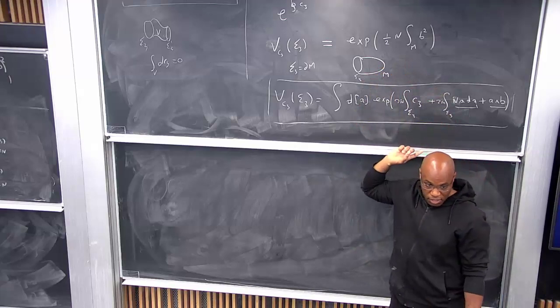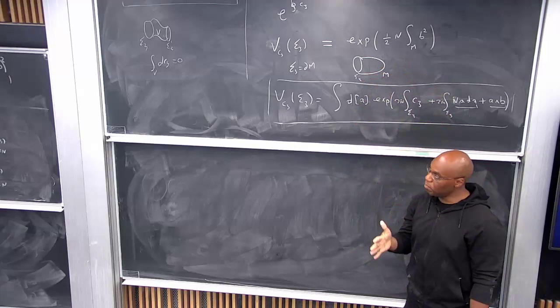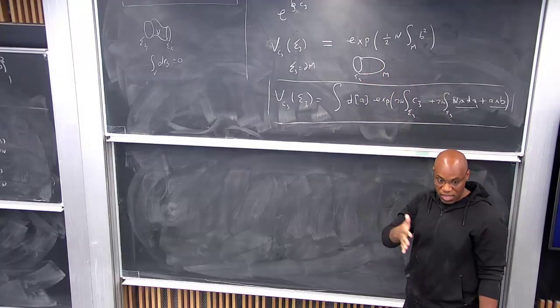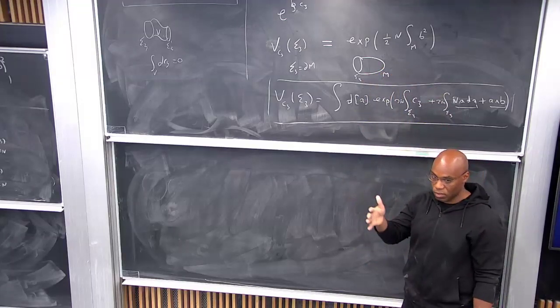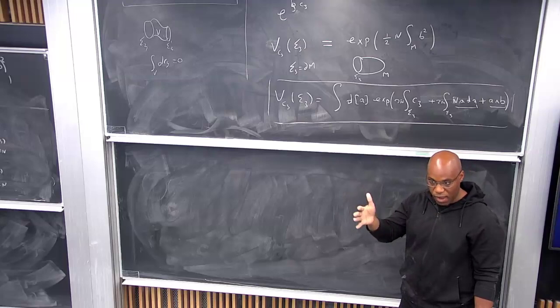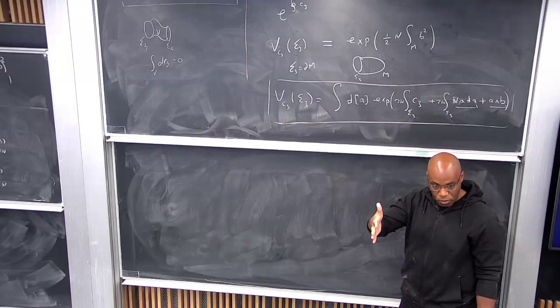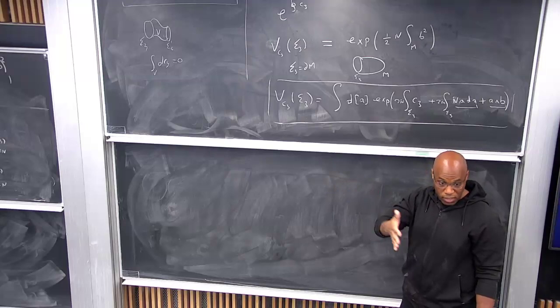Another way to say the statement more correctly is that when I insert this operator, because of this interaction term, it breaks the gauge invariance. The way you can understand that breaking of the gauge invariance is that you always have an anomaly inflow on the operator, so you need to decorate it in some way.